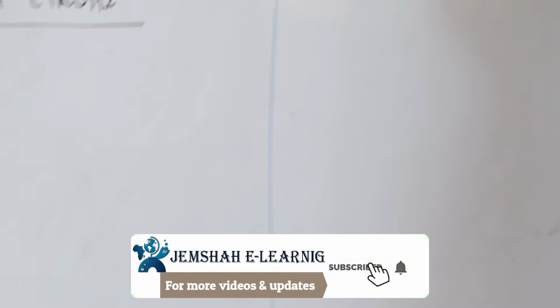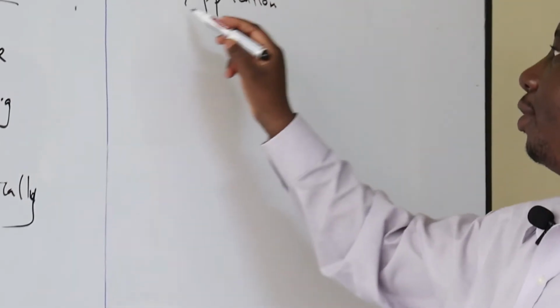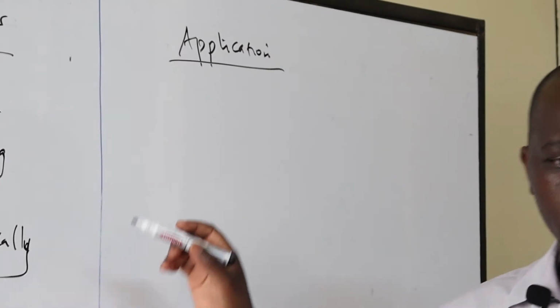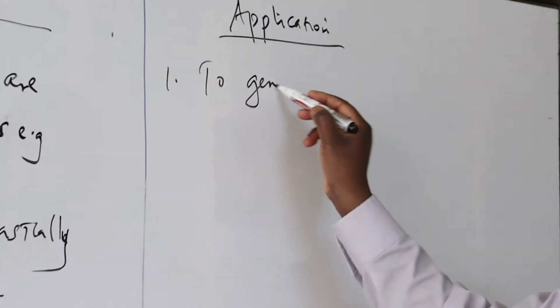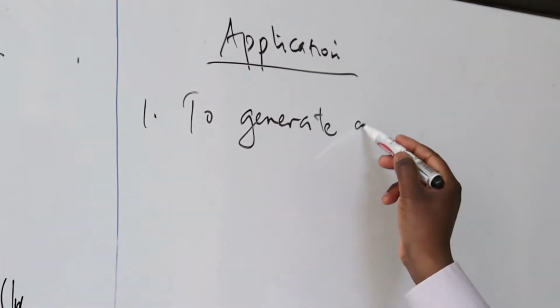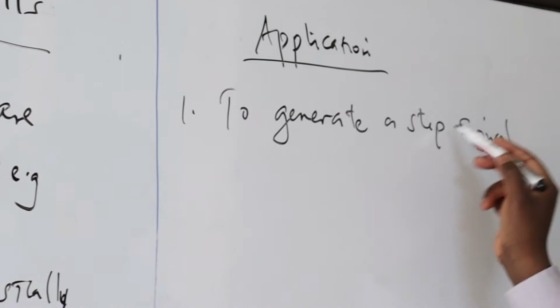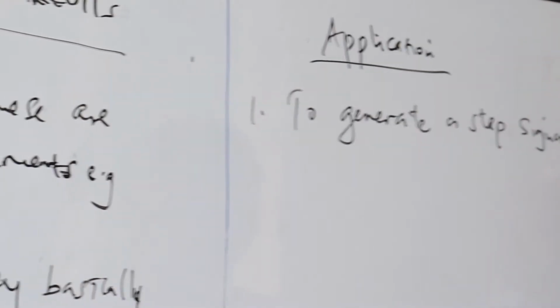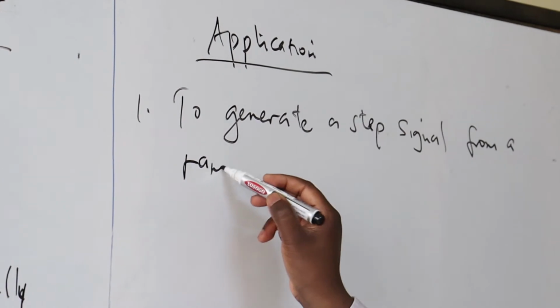So we're talking about why we apply the differentiating circuits. Number one is to generate a step signal from a ramp signal.